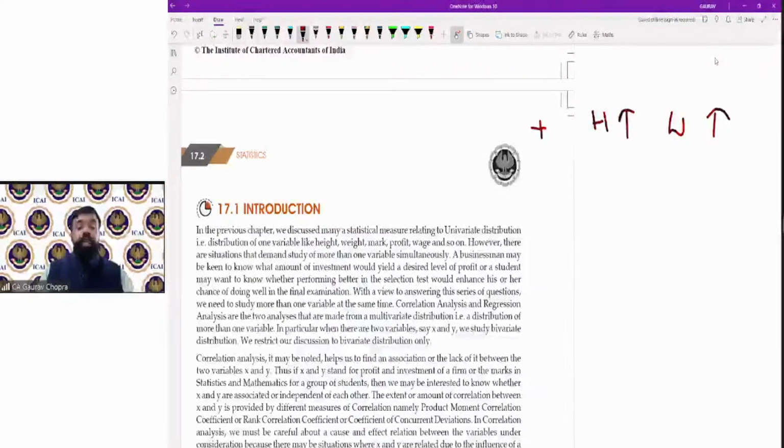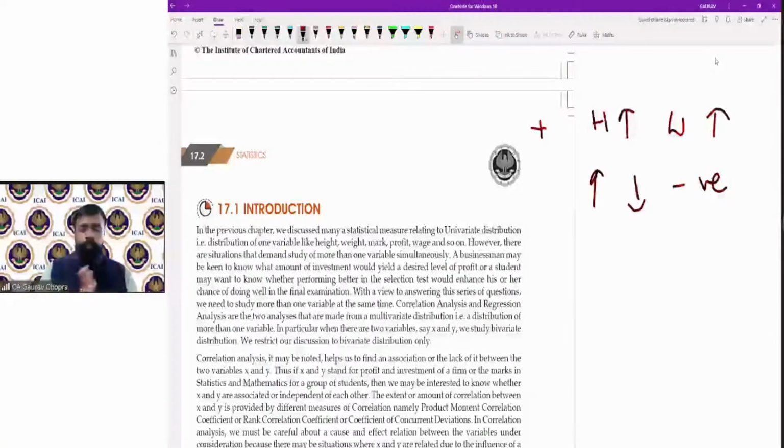Positive रहेगा. But when both of the variables are in opposite direction, एक variable की value increase होती है और दूसरे की value decrease होती है, then correlation is said to be negative.